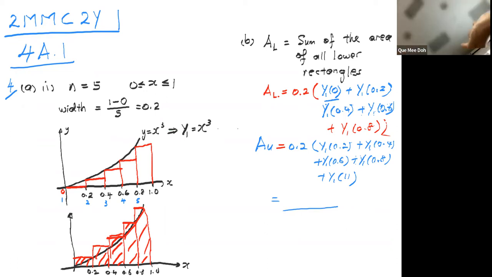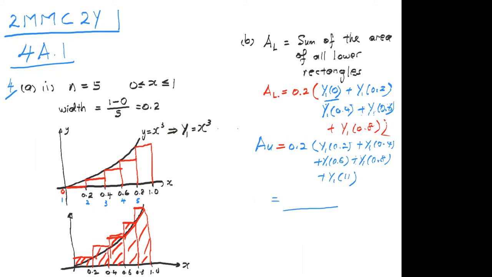And one of the vertices of the rectangle must touch the graph. Understand? One of the vertices of the rectangle must touch the graph.